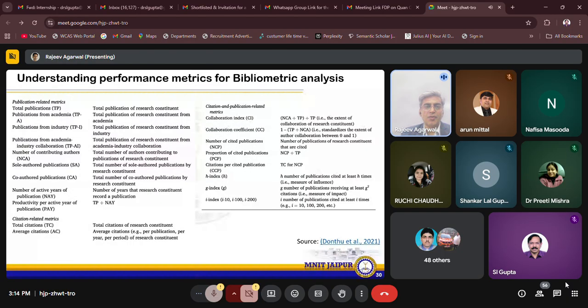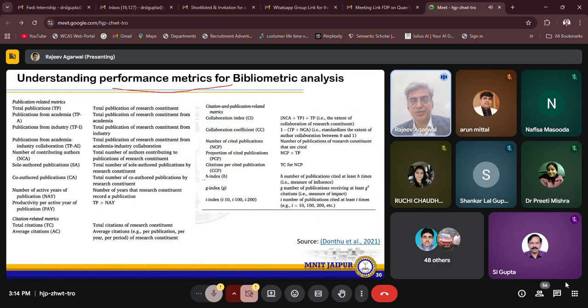So these are the performance metrics, where currently NIRF ranking is also based on publications. They are actually taking it from the Scopus database only.